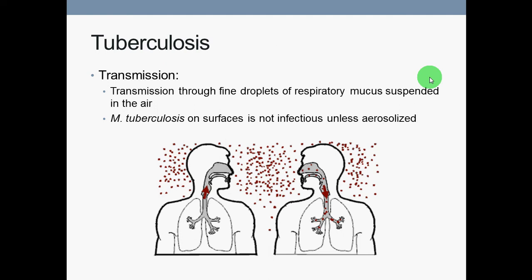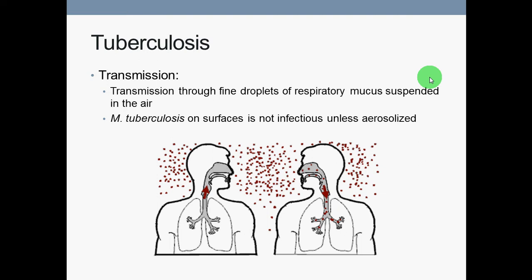Transmission is through the air. Now, that being said, when TB is expelled through coughing, it forms large droplets that tend to be heavy and fall out of the air. So it's easiest to catch TB when those droplets become a fine mist and can spray further in the room.